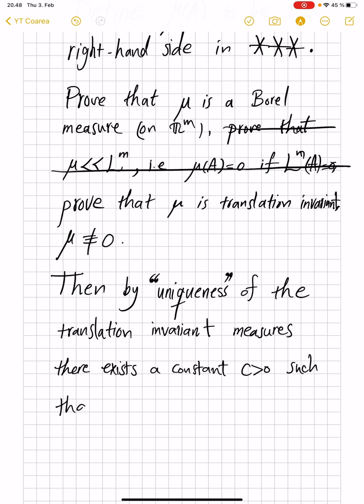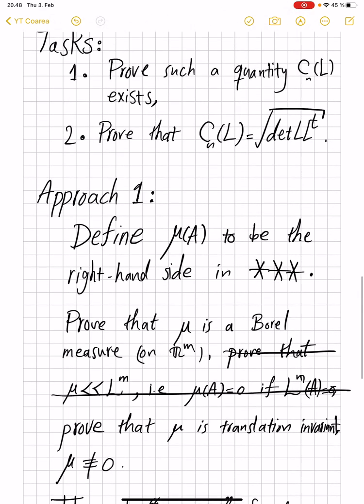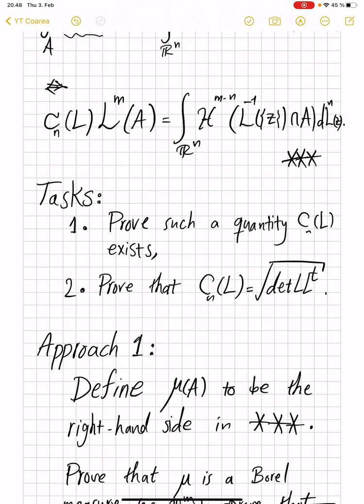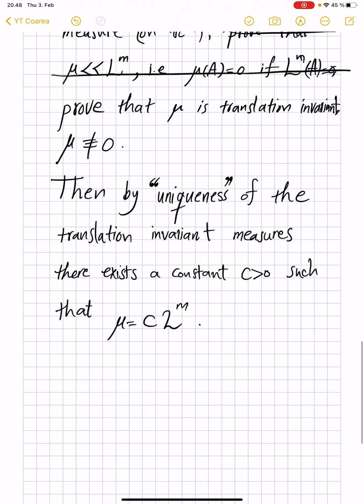This positivity is where we need this condition that mu is not just 0. And that is exactly saying the 3 star holds with this C. So this C_{n,L}, now 3 star holds with C_{n,L} equals C.